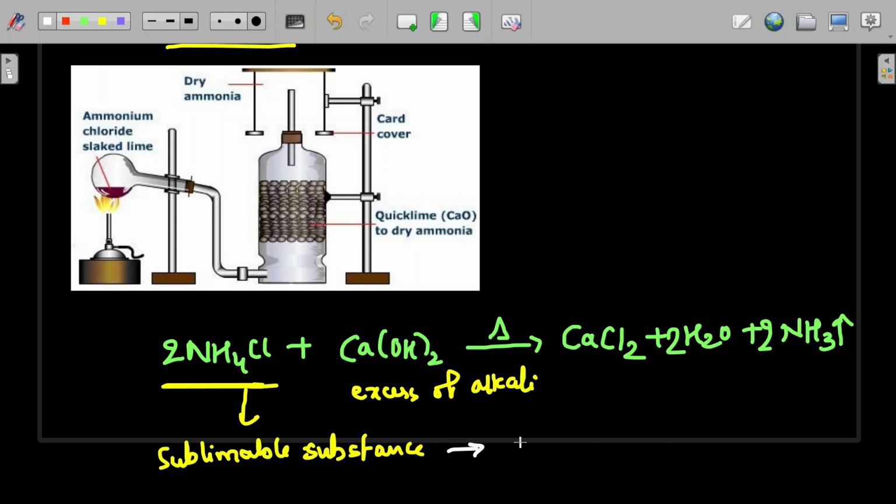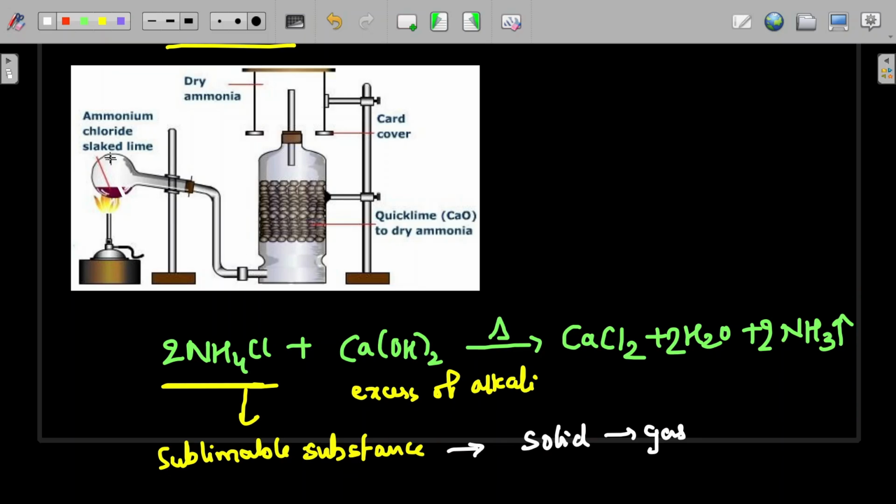A substance that changes from solid to gas directly. Means ammonium chloride solid, because we are heating it, on heating will change into ammonium chloride vapors. So to avoid that, when we use more alkali, it prevents that sublimation to a certain extent.